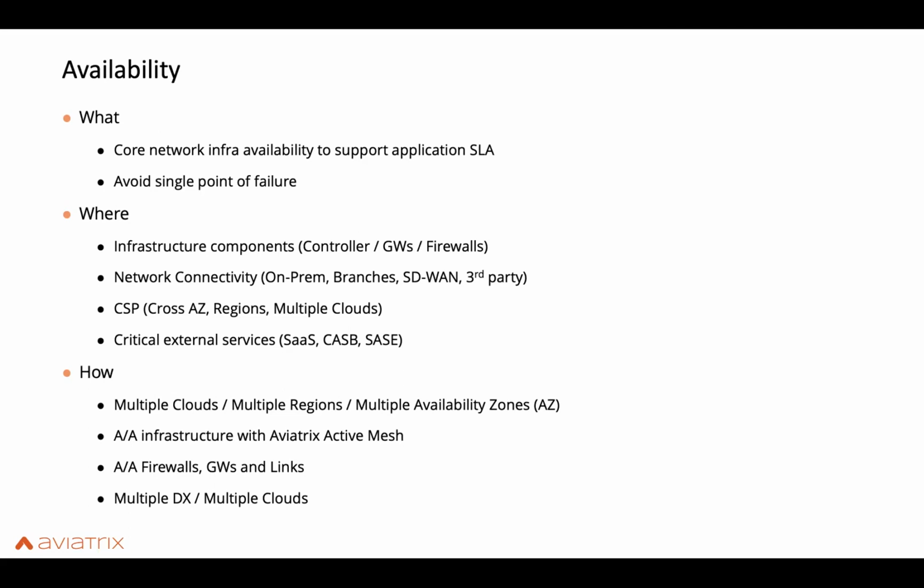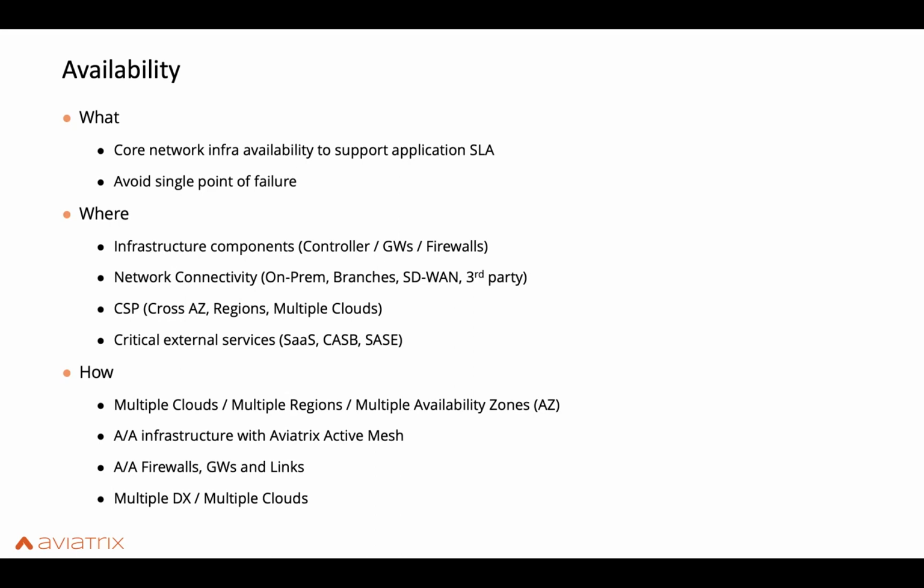So as a networking architect or cloud network architect, it's our responsibility to provide the proper availability based on the business requirement. In most cases, it's about avoiding the single point of failure.